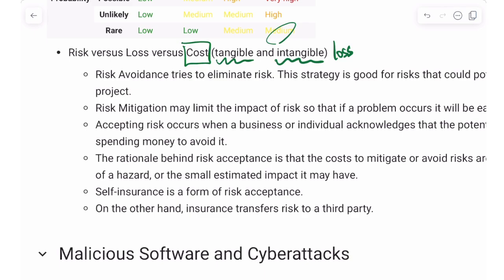So in 1 year, 365 days, the probability of your website being attacked is, for example, 1%.